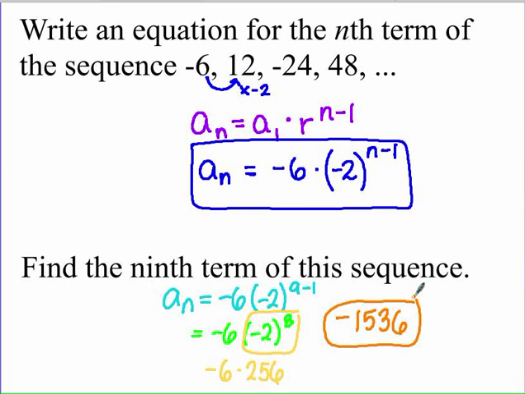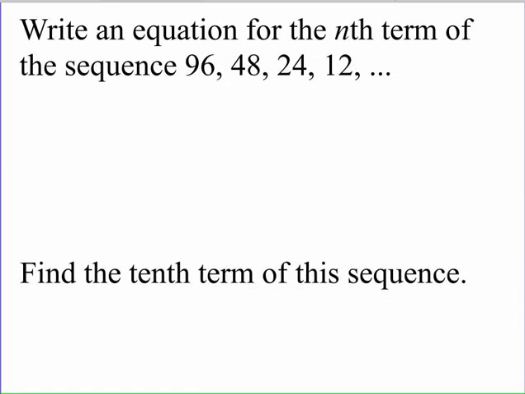All right, let's look at another one of those. Same instructions, just different numbers. If you're writing this in your notes, I would put 96, 48, 24, and 12. So I start with my formula: a sub n equals a sub 1 times r to the n minus 1.